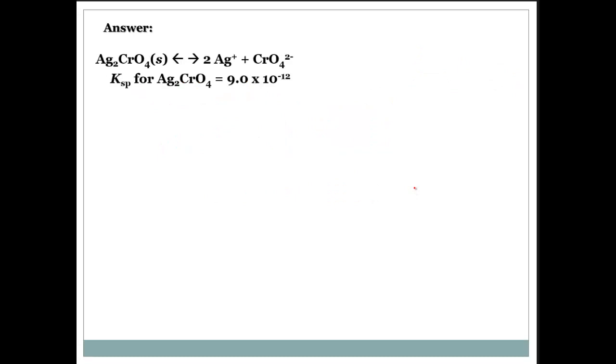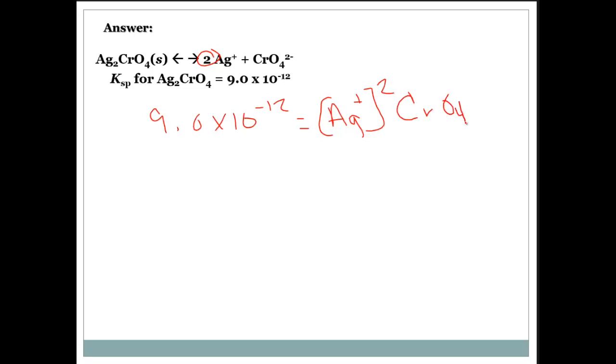We're going to do the exact same process for the silver. Now notice that there's a 2 here, so that means it's got to be squared. So 9.0 times 10 to the negative 12 is equal to, once again, 0.02 squared times x.